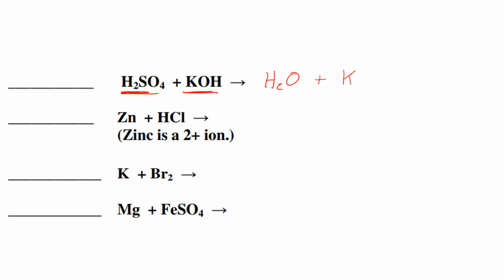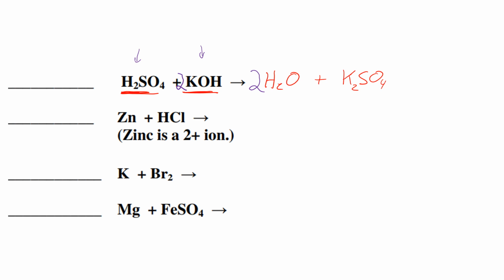K is +1, SO4 is 2 minus, so it's going to be K2SO4. Okay. Again, if you were balancing, this is a diprotic acid, or in other words, a 2 acid, and this is a 1 base. So if we have 2 acids plus 2 bases, make 2 water, and therefore it's balanced.